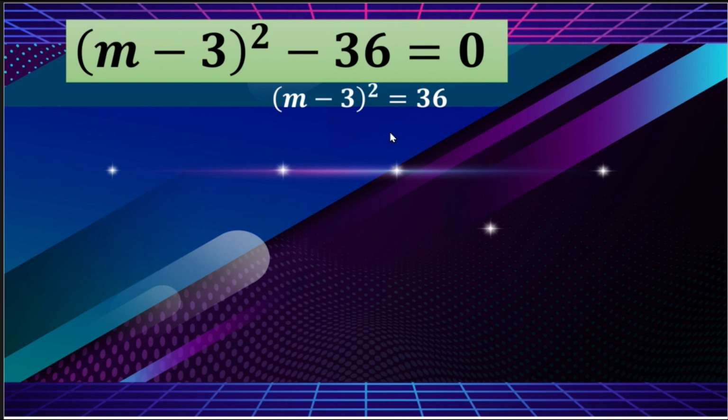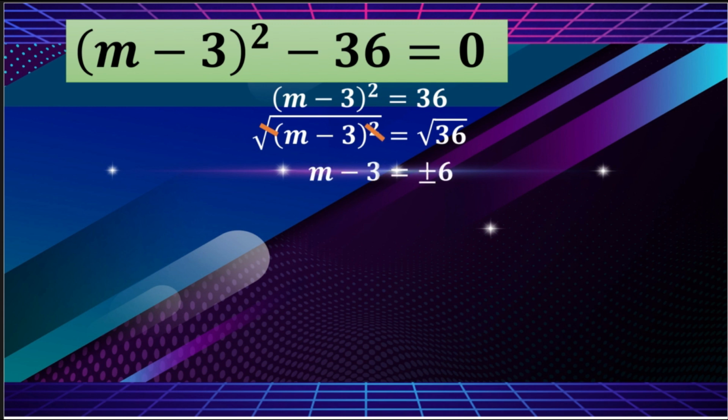Then, we need to cancel out the square by extracting the square root. After canceling the square, what remains is m minus 3, and the square root of 36 is positive and negative 6. Now, we need to isolate m. m must be the only one remaining on the left side. So, we need to transpose negative 3 to the other side and it becomes positive 3.